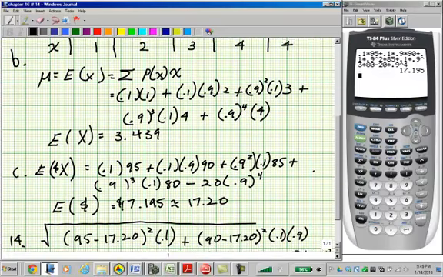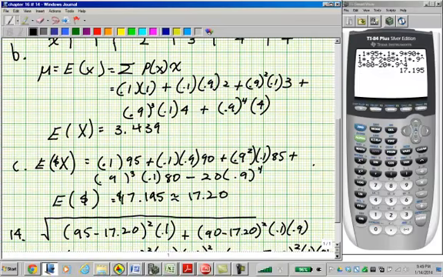Okay, now we're going to use the same approach to calculate the expected number of winnings. So we'll take, what's the probability of winning $95? 0.1 plus the probability of winning 90, 0.1 times 0.9, plus the probability of winning 85, 0.9 squared times 0.1, plus the probability of winning 80, 0.9 cubed times 0.1, and the probability of losing 20, negative 20 times 0.9 to the 4th.